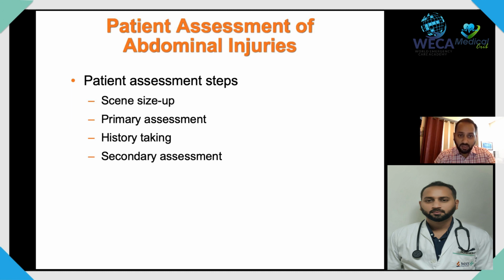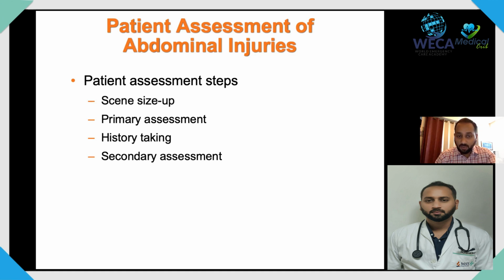So patient assessment steps: first of all, we have to take a scene size up. We have to work out what could be the probable mechanism of injury, and that can give us an idea about the mode of injury and the severity of the possible abdominal traumas.